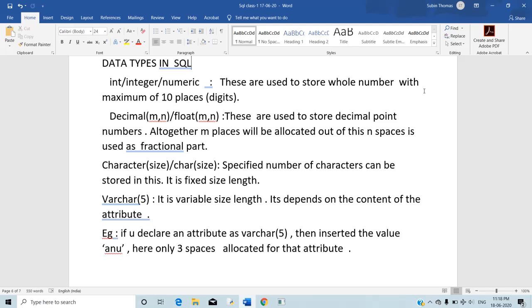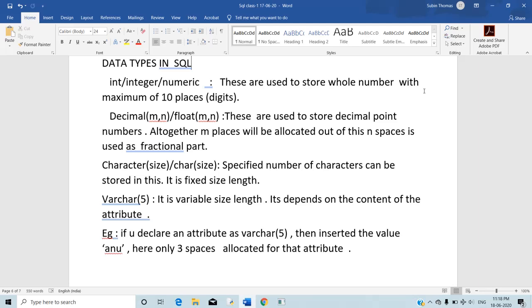So if I am writing decimal of 5,2, it means altogether 5 places. From those 5 places, 2 places are taken for the fractional part, and the remaining 3 will be used for the whole number part, the part which is on the left side of the decimal point. That is your decimal or float data type.